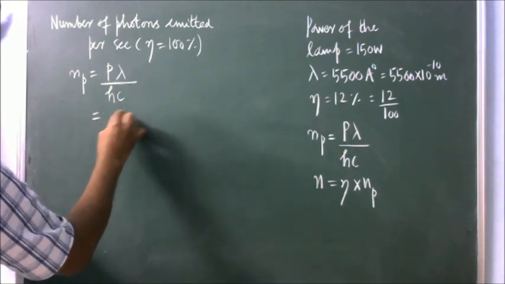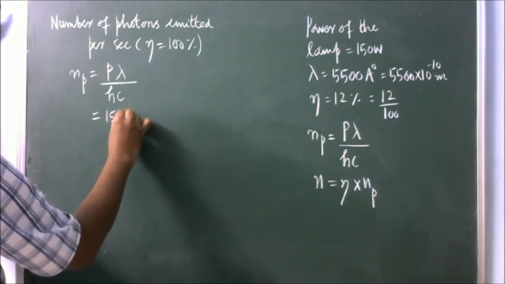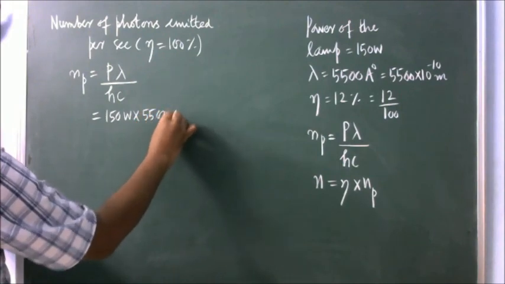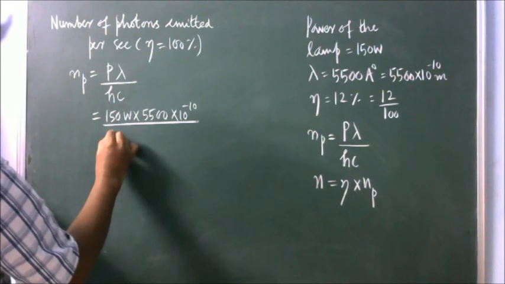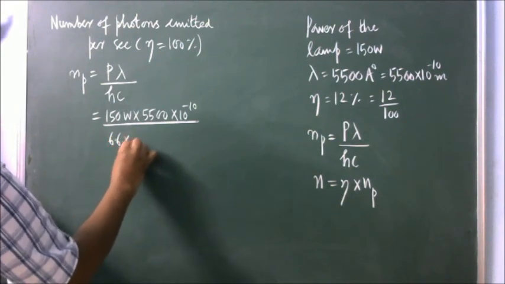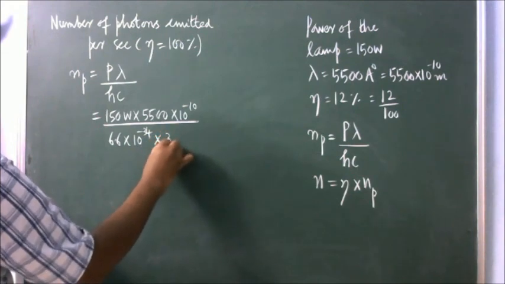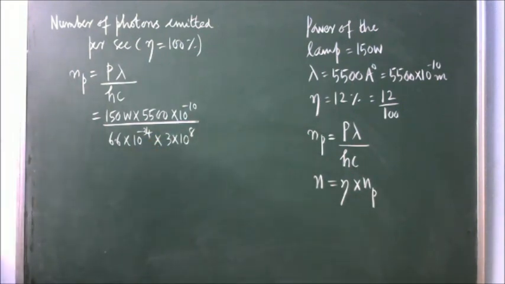Substitute all the values now: 150 watt into 5500 into 10 to the power of minus 10, whole divided by Planck's constant, 6.6 into 10 to the power of minus 34 joule second, and the speed of the electromagnetic wave, 3 into 10 to the power of 8.